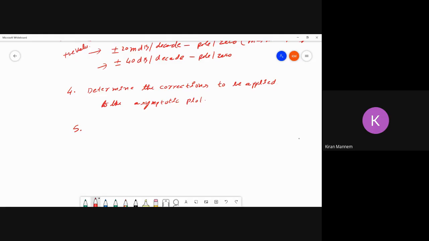So draw the smooth curve connecting all these corrected points, right?